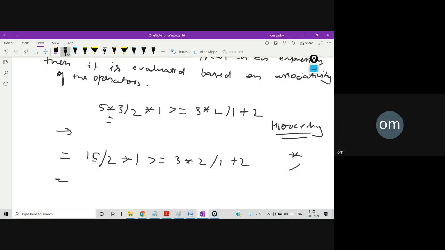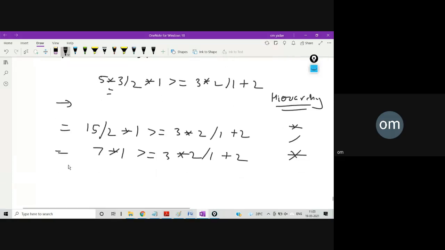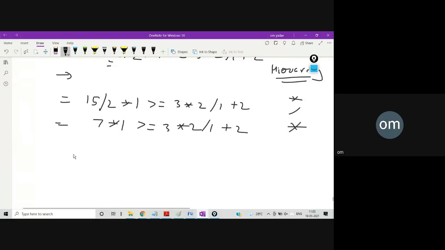Now the next one it will come across is division. This is integer division, so 7. Don't write 7.5 because this is integer division. So 7 into 1 greater than or equal to 3 into 2 divided by 1 plus 2. Now the next one is multiplication, so 7 into 1, 7.